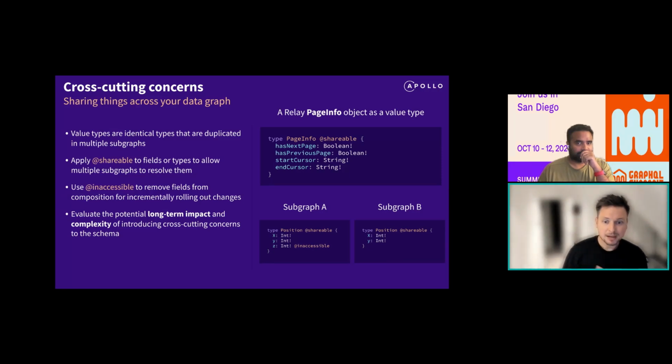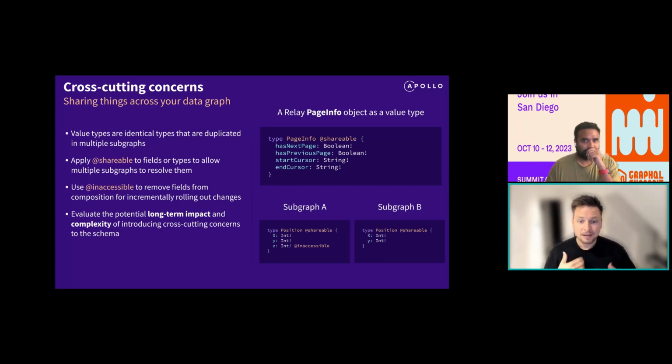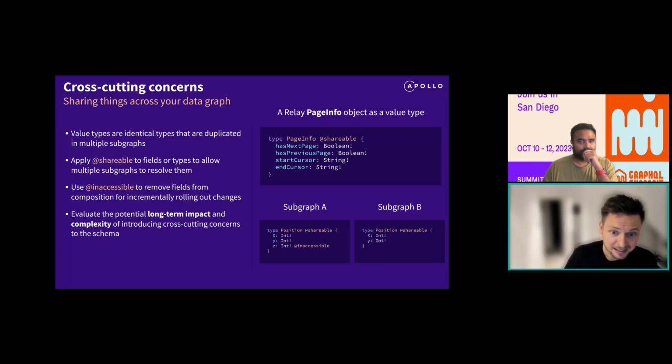But with that comes complication in terms of what happens as we make incremental change and we're introducing these fields. So we also have inaccessible. Imagine a case where we've got subgraph A and B without that inaccessible directive. When it comes to composition, what we'd find in the supergraph schema is type position with X, Y, and Z, with shareable at the type level in both A and B. That would give root to the idea that it can resolve position with all of its fields from A or B, but actually B doesn't have access to Z in its underlying resolvers.